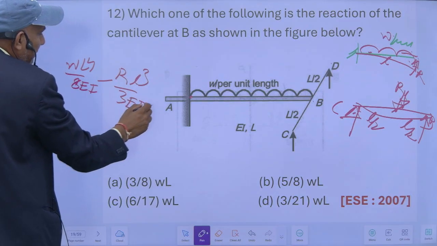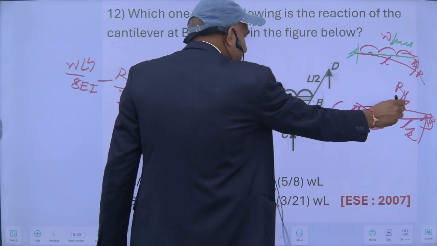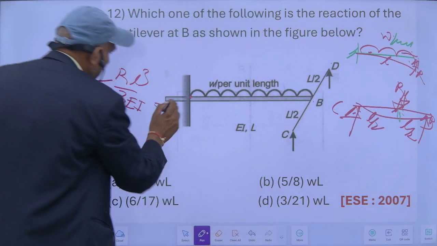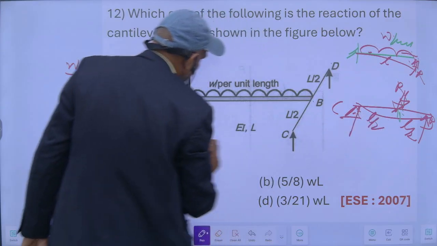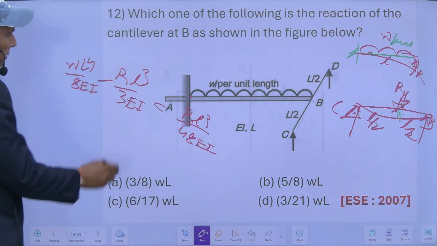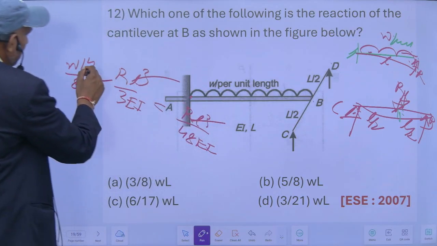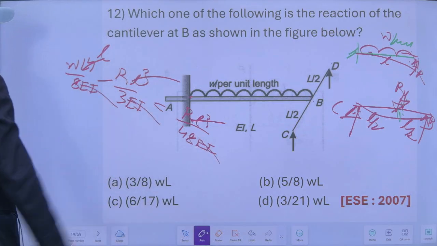So this net deflection, this minus this deflection is equal to this deflection, and this deflection is equal to RL cube, this is simply supported beam, upon 48 EI. So L cube, this will be L here, EI and EI.